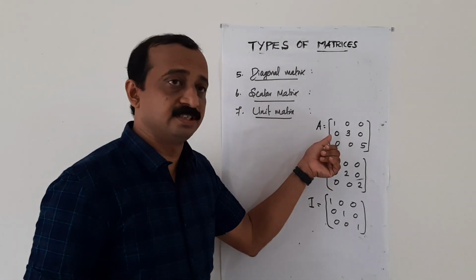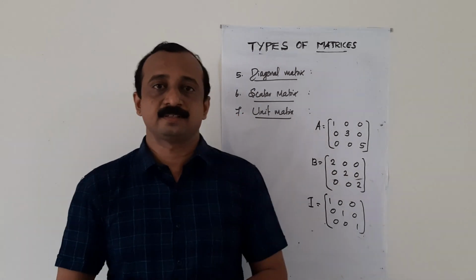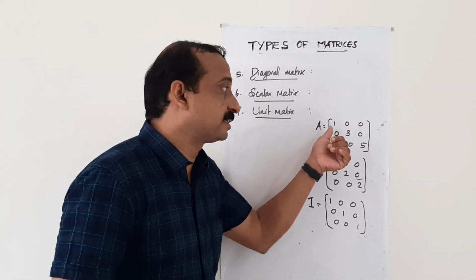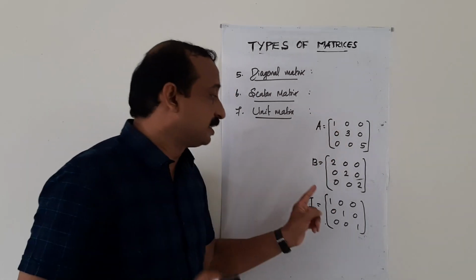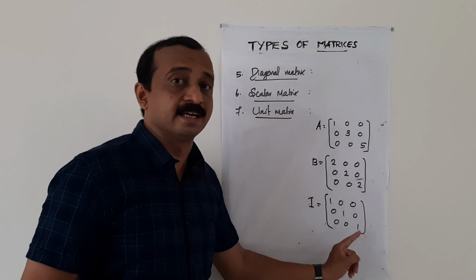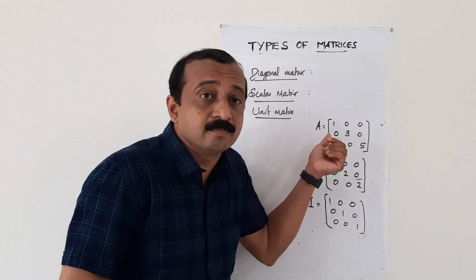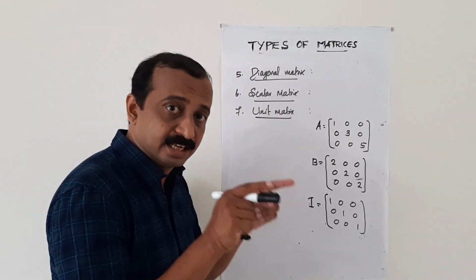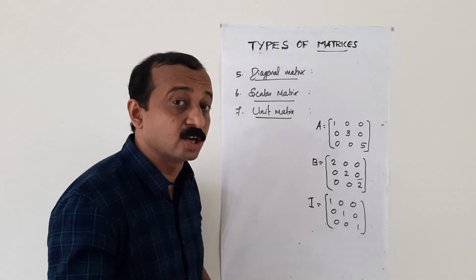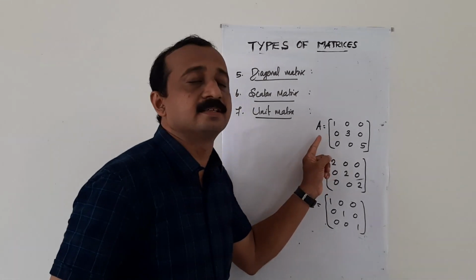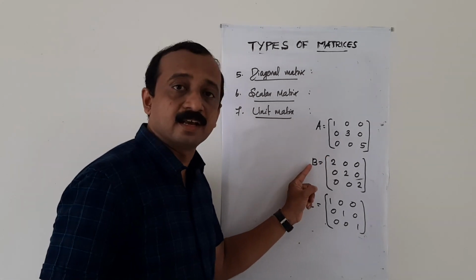A diagonal matrix in which the non-zero elements are equal, that matrix is called scalar matrix. A diagonal matrix in which the non-zero elements are unity, unity means one, that type matrix is called unity matrix or identity matrix. And what is a diagonal matrix? A square matrix in which the principal diagonal elements are non-zero entries. What is scalar matrix?